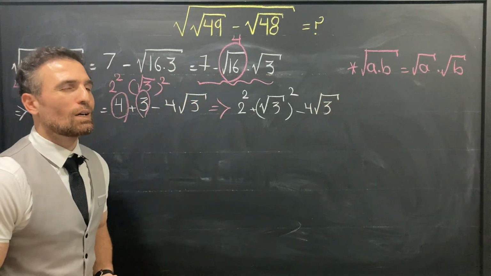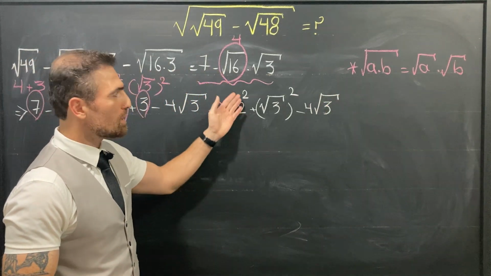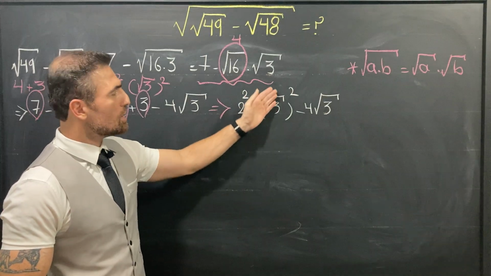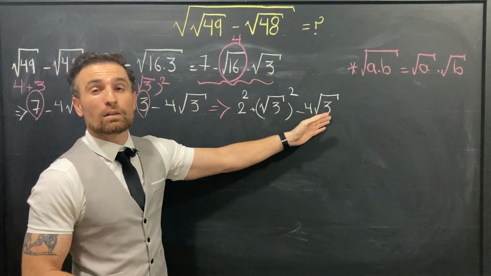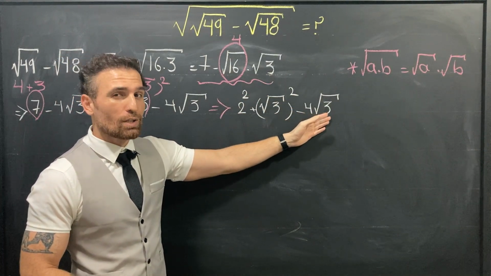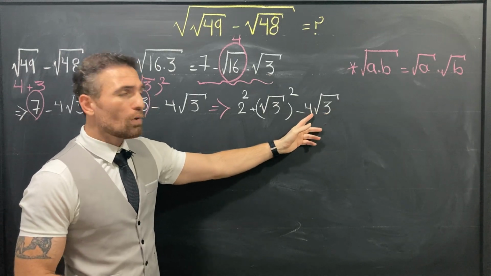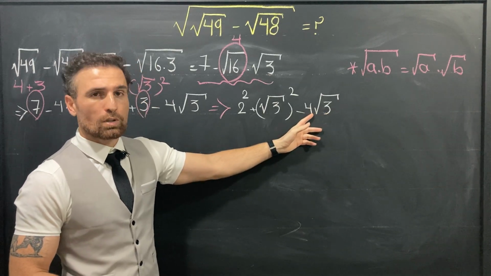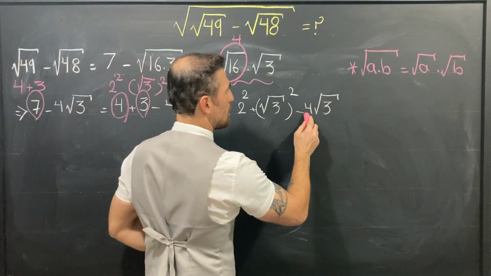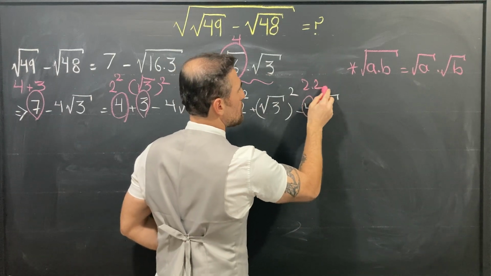Now, can you guess what is the solution? We have 2 squared, square root of 3 squared, and here 4 times square root of 3. What should we do? Right, 4 can be written as a product of 2 times 2. Let's do it. 2 times 2.